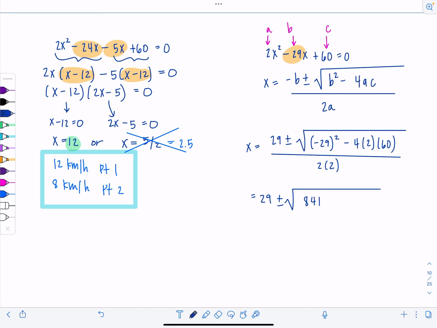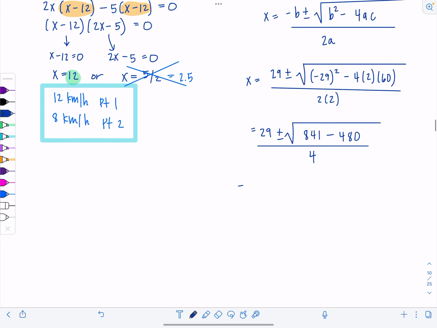The negative goes away. Minus 4 times 2 is 8 times 60, 480. Over 2 times 2 is 4. And then this is going to be 29 plus or minus square root of 361 over 4, which is 29 plus or minus 19 over 4.